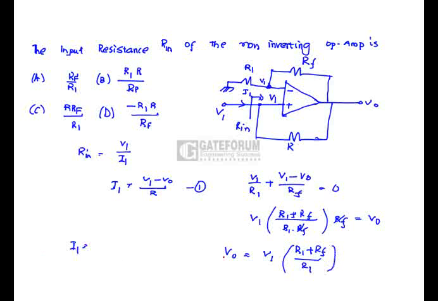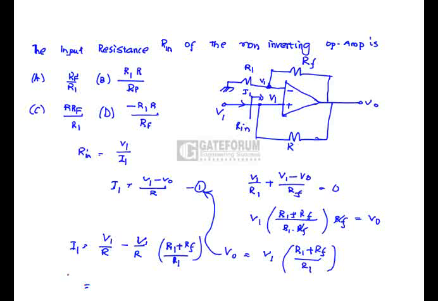I1 is equal to, we have to substitute this into equation 1. So V1 by R minus 1 by R times V0, where V0 is V1 (R1 plus RF) by R1.